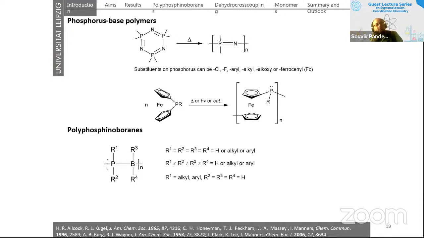If you have a paint made of this polyphosphinoborane and paint it on a wooden surface, and you put it onto the fire, it will not catch fire. But the wood, if you put it on the fire without it, will immediately catch fire.